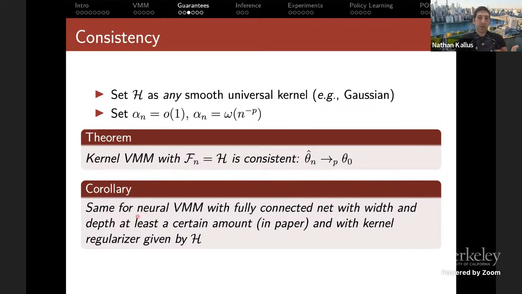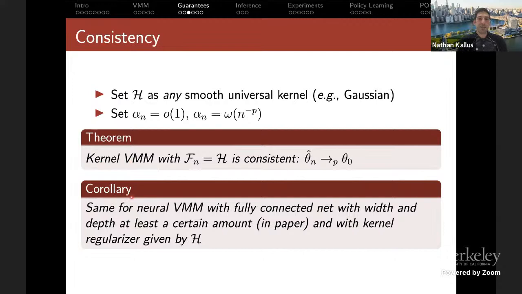So by playing those tricks, we can show that the same is going to be true if you use a neural net VMM with a fully connected neural net that has a width and a depth that are at least some certain amount that we give in the paper. If it's even bigger, that's fine. There's no problem if it's even bigger. Right? The bigger, the better. We just have some minimum sizes that are necessary, and then use the kernel regularizer given by H. It's essentially trying to mimic this kernel VMM, and therefore it inherits this result.